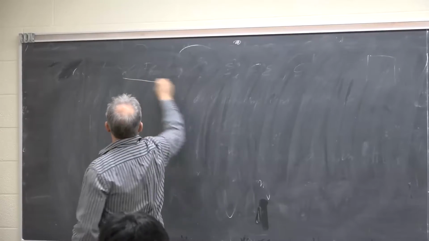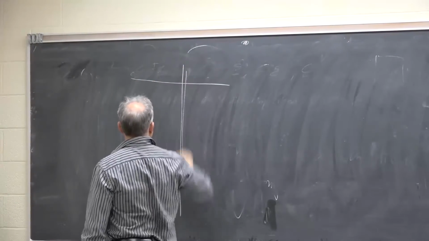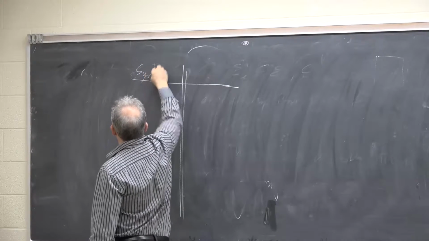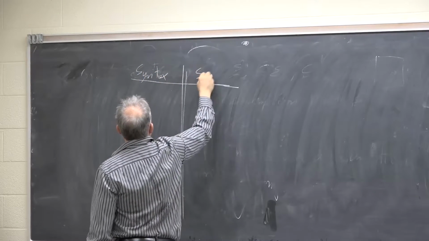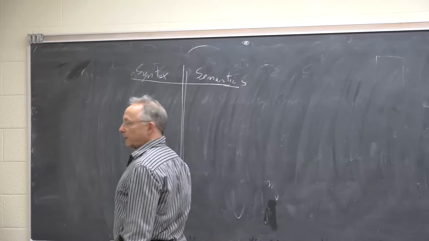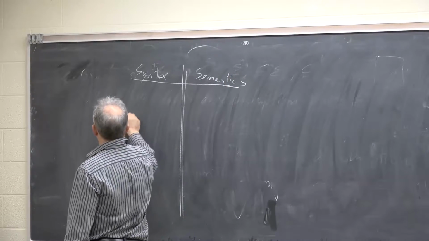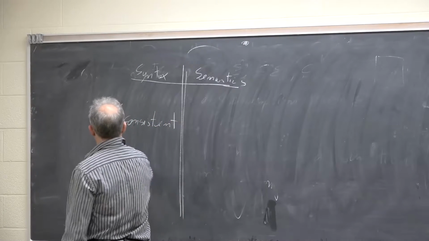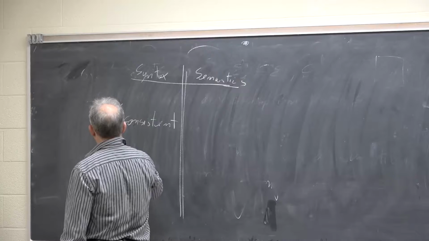You remember we had this table that will go with us throughout the course, of syntax versus semantics. And here we have the notion of sigma being consistent and sigma being maximally consistent.